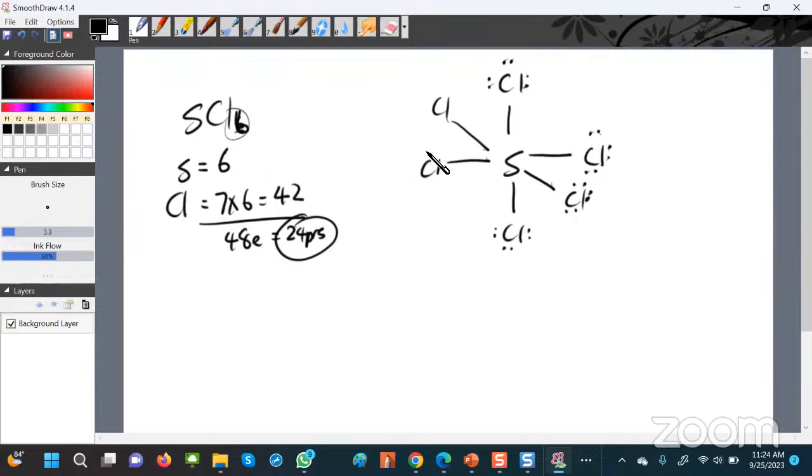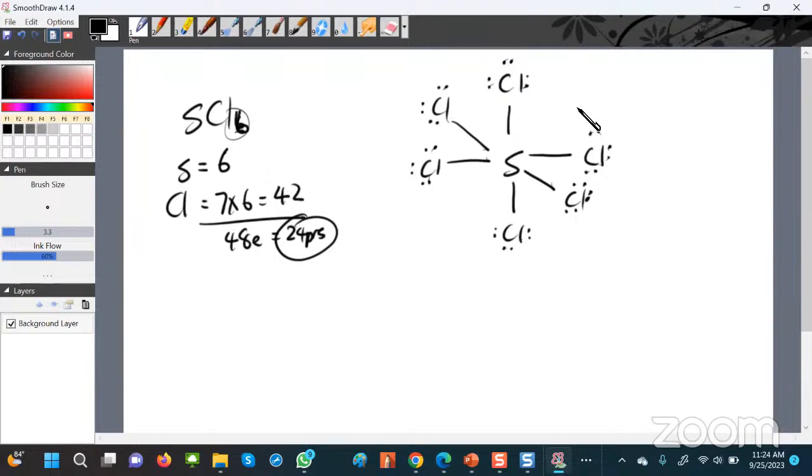Then, hold on, 1, 2, 3, 4, 5, 6, 7, 8, 9, 10, 11, 12. Okay, so we have 12 pairs so far. The 13th pair goes here, the 14th goes here, 15th, 16th, 17th, 18th.